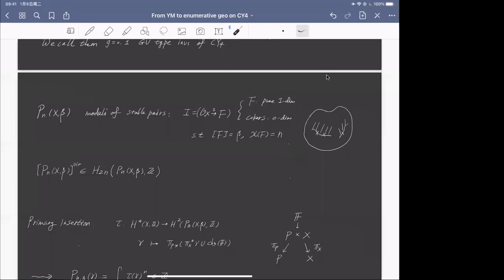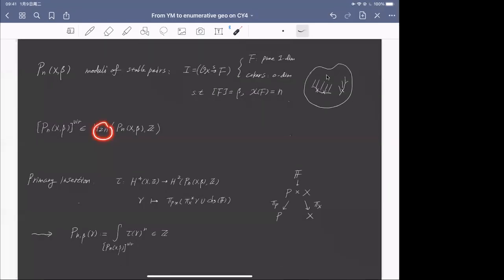Okay, so this gives the curve class of this support curve, and this gives the Euler characteristic. So we need to fix some topological data. By our discussion, we have some virtual class of certain dimension. Now in this case, it's 2n. Now you see that I need to put some insertions because this is not necessarily 0. So the insertion we put is like this.